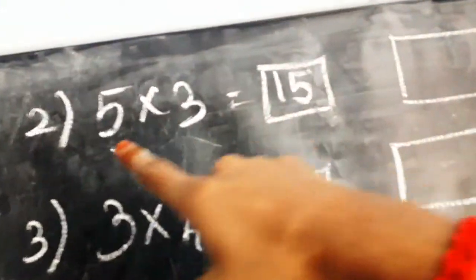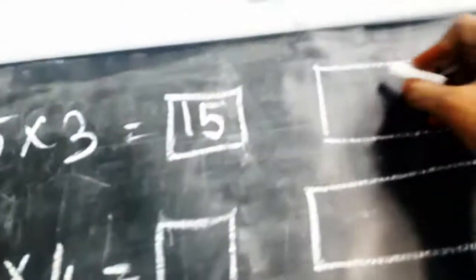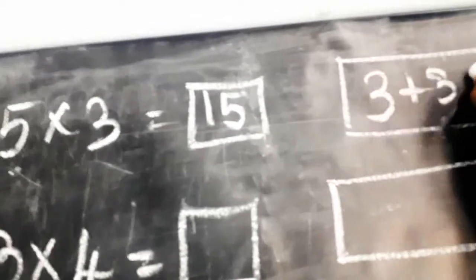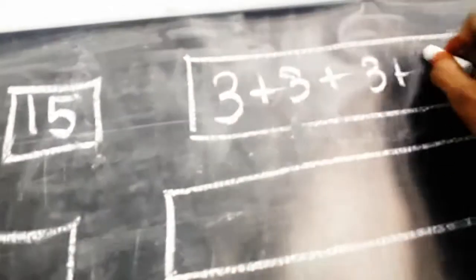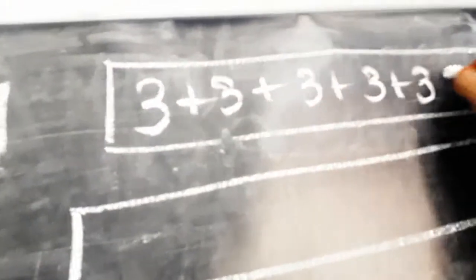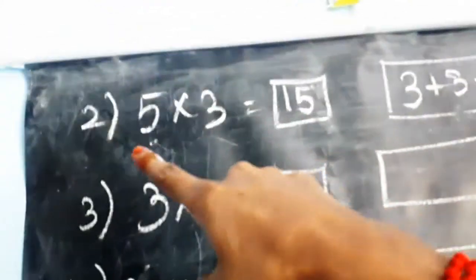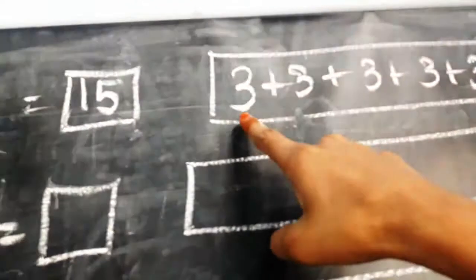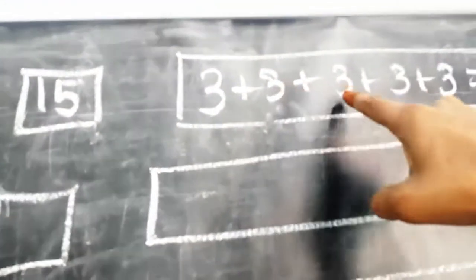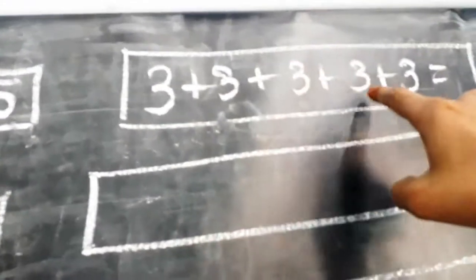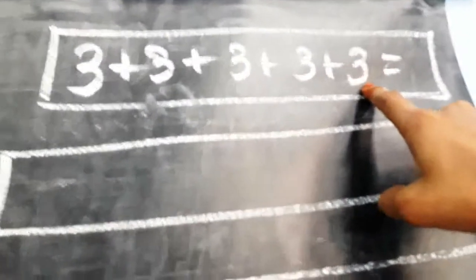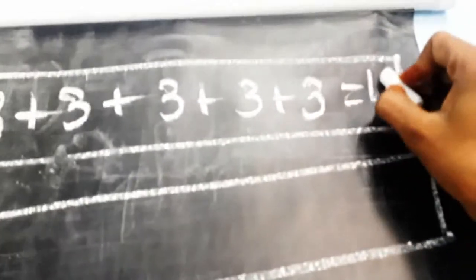Here 3 is how many times? 5 times. 1, 2, 3, 4, 5. So you have to write the number 3 five times. 3 plus 3, 6. 6 plus 3, 9. 9 plus 3, 12. 12 plus 3, yes, 15.